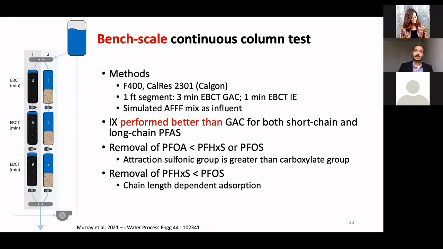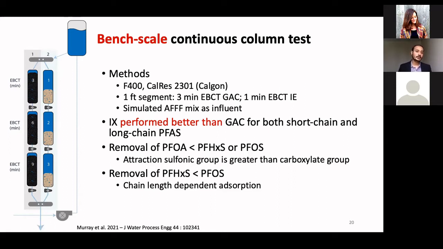Moving on to the third study, this study evaluated a bench scale continuous column test to compare the performance of granular activated carbon and ion exchange for treatment of PFAS. They used an F400 Calgon material and Calris 2301 ion exchange resin for comparison purposes. What the study found was the ion exchange resin performed better than GAC for both short chain and long chain PFAS removal.